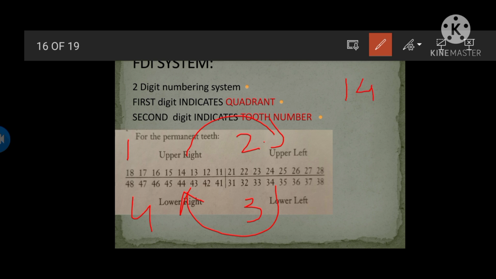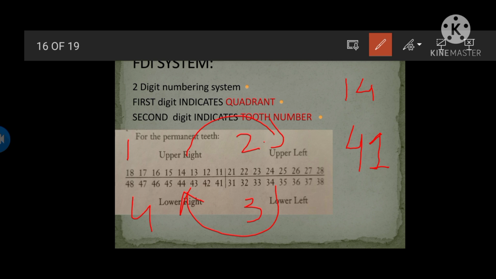For example, if I want to indicate the lower right central incisor, I would just count from 1, 2, 3, and 4. Lower right would be 4. And I have to indicate the central incisor, so central incisor would be 1.